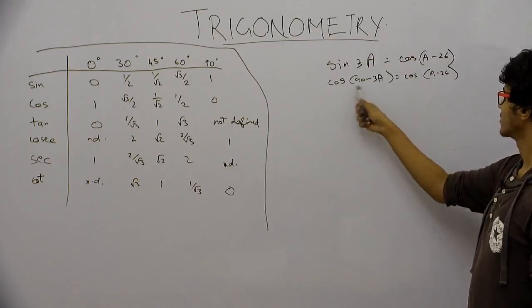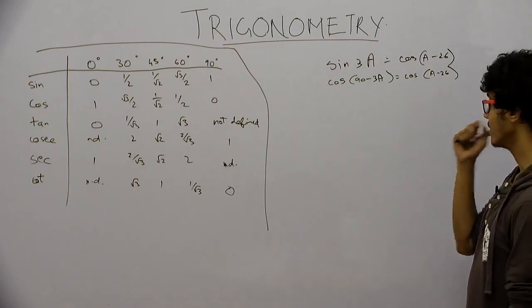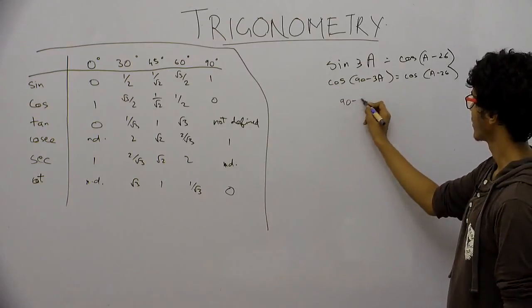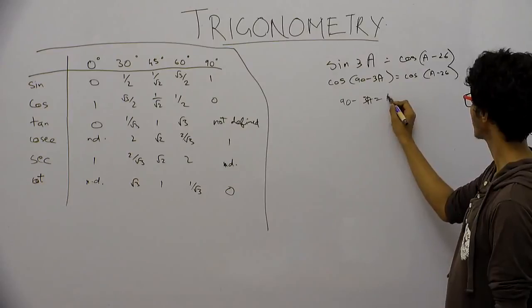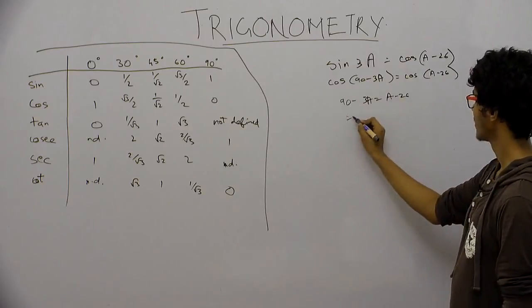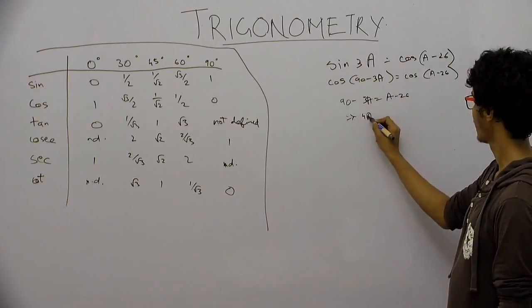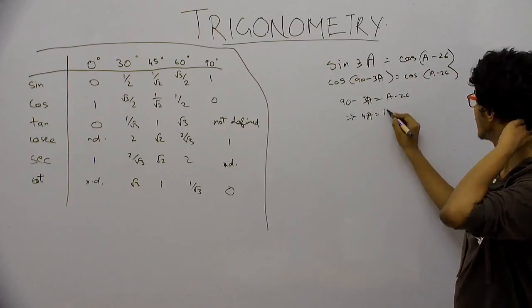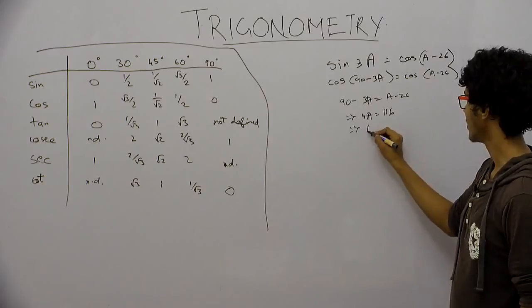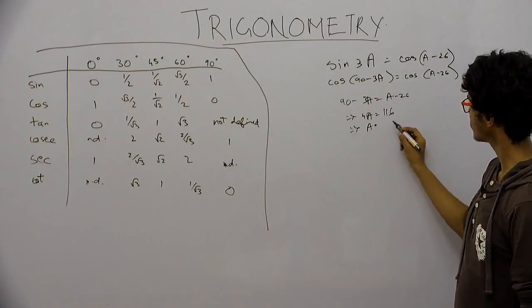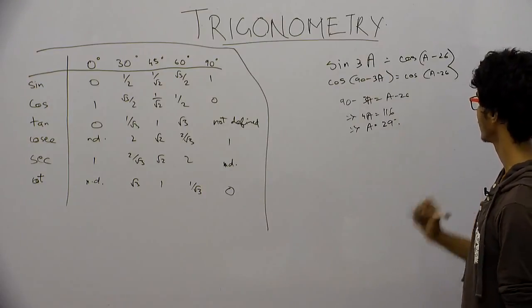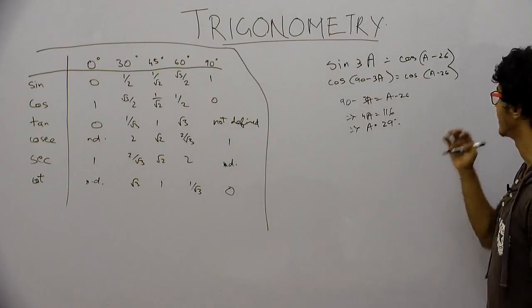Now since these two cosines are equal, we can directly compare the angles. We get 90 minus 3a equals a minus 26. This implies 4a equals 90 plus 26, that is 116, which implies a equals 29 degrees.